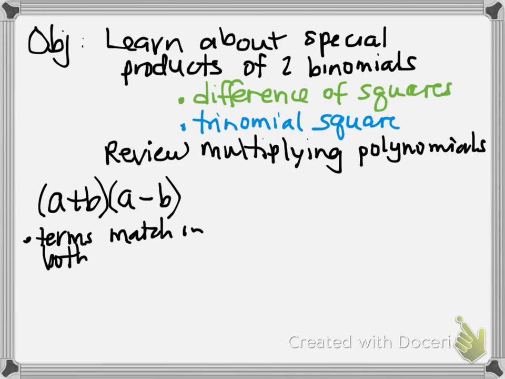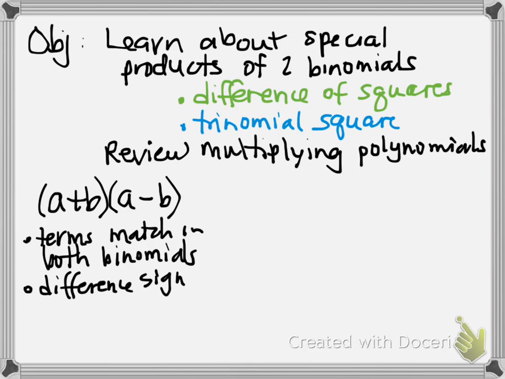So A matches A, B matches B. And there are different signs. So we have one sum and we have one difference. Remember, sum is the answer to an addition problem. Difference is the answer to a subtraction problem.